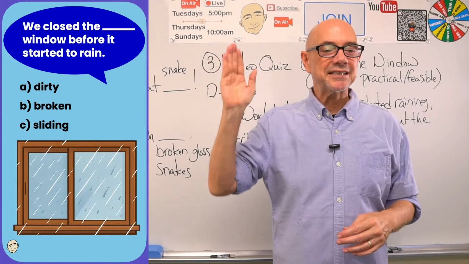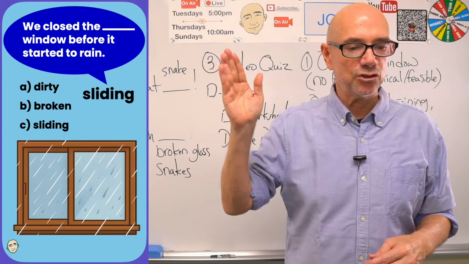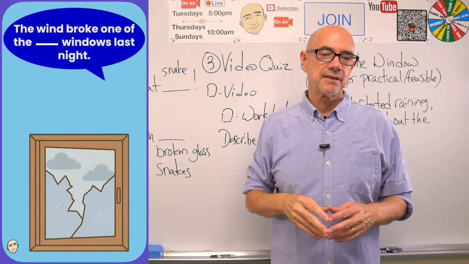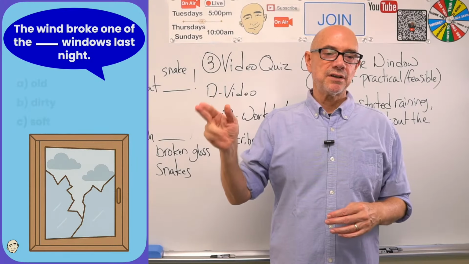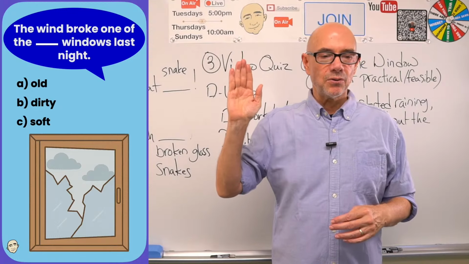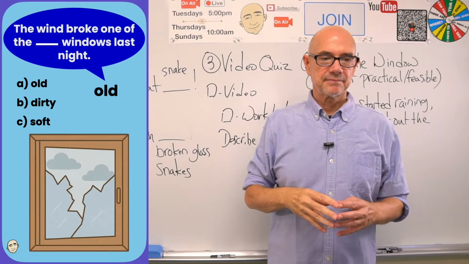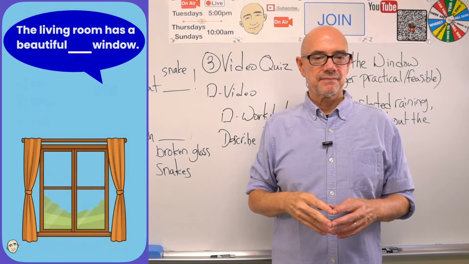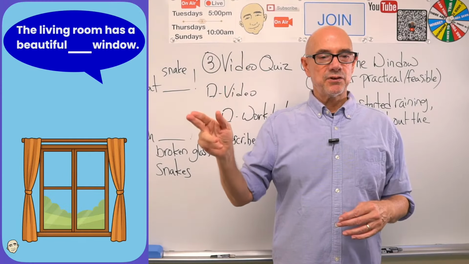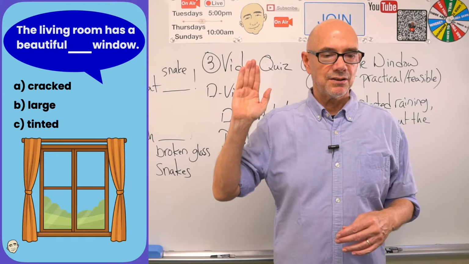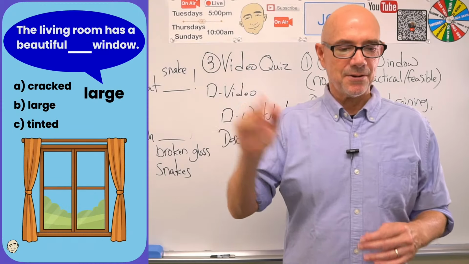We closed the sliding window before it started to rain. The window broke one of the old windows last night. The living room has a beautiful large window.